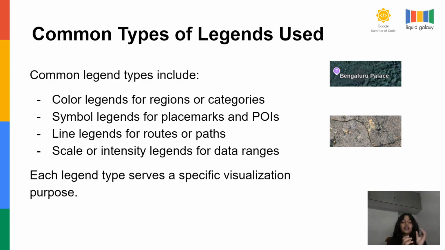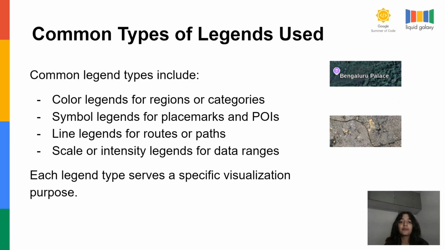For example, red, high density, yellow, medium, green, low. Symbol legends used for place marks or POIs. For example, hospital icon, school icon, airport icon, and so on.